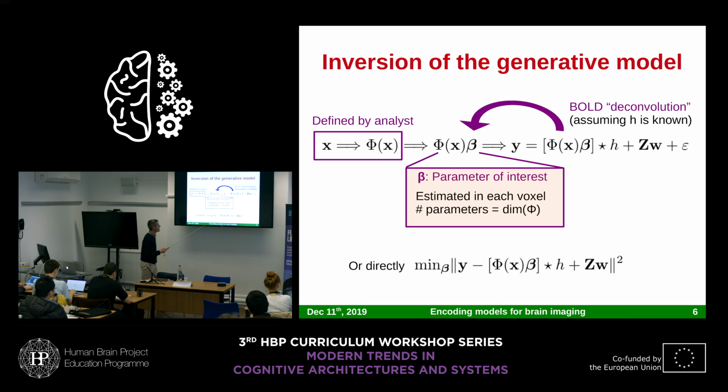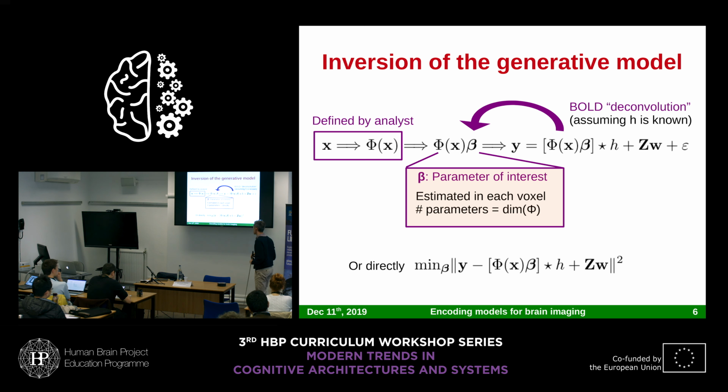This is the first step, and then the second step, from this you will compute beta, which is actually your parameter of interest. Beta will mean that in certain brain locations, the neurons are more sensitive to, say, the color information in the image, or whether in the image there was a face represented or not, etc. This information of the feature selectivity of the neurons is the beta vector.